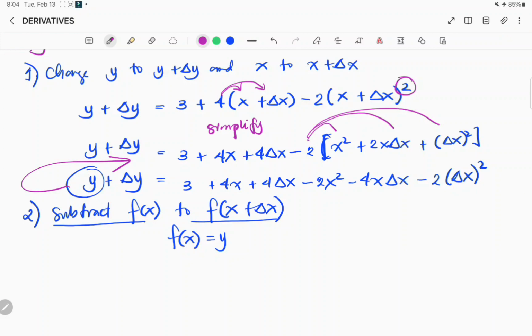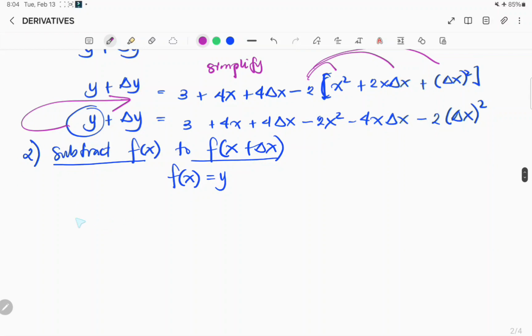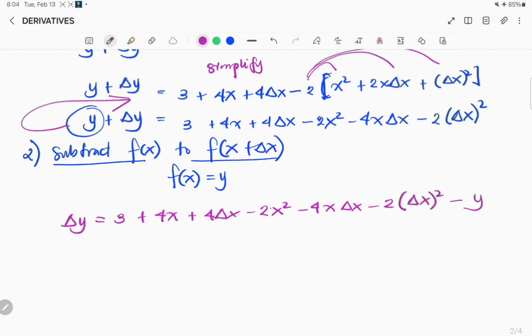So when we subtract y from both sides of this equation, there will be a minus y on this side. So it's just the same as change of y equal to 3 plus 4x plus 4 change of x minus 2x squared minus 4x change of x minus 2 change of x squared minus y.